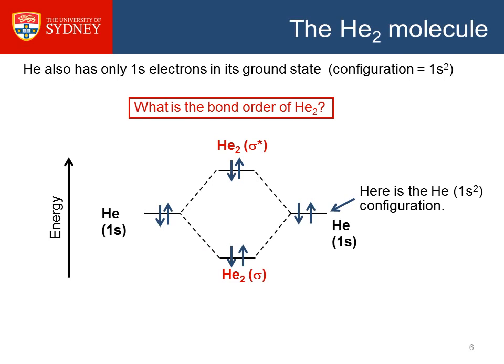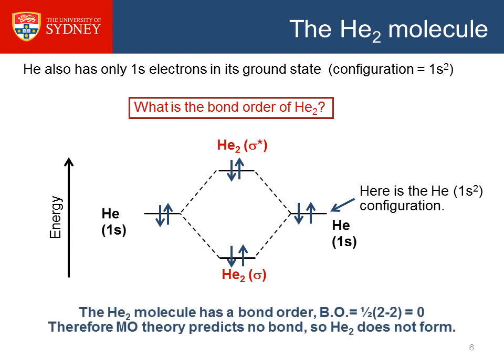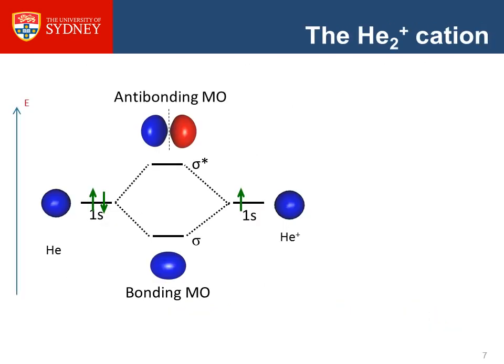As there is no energetic advantage, a molecule is not formed. This is confirmed by the bond order, which we can calculate: 1/2 times 2 minus 2 gives 0. Let's look at the bond order of the cation helium-2 plus.